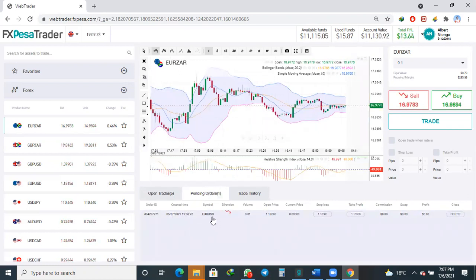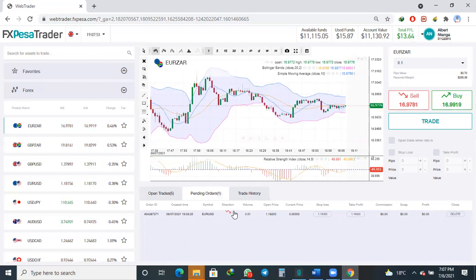What I mean is your account value won't be used for these trades until they are open. When they are pending, they just idle. They just idle trades. They won't consume your account value.